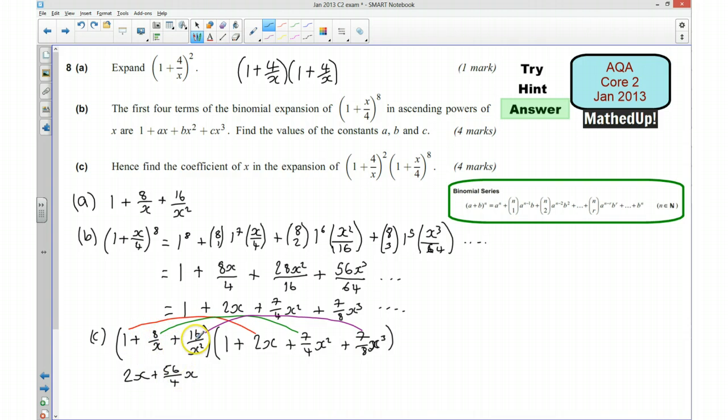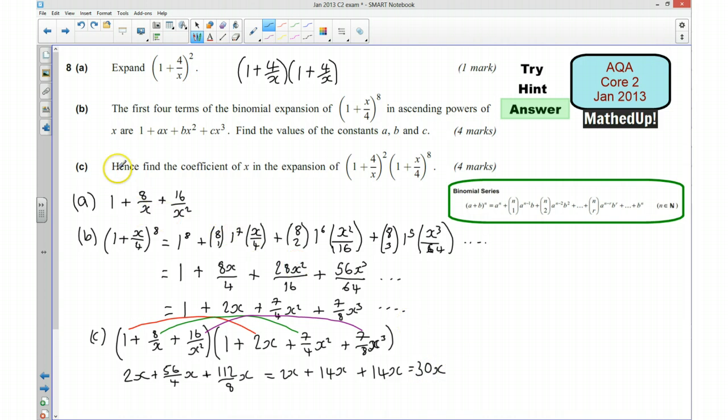I'll simplify that in a second, and 16 over x squared times 7/8 x cubed is going to give me 112 over 8x. And that's going to be equal to 2x plus 14x plus, that's also going to be 14x, which gives me 30x.